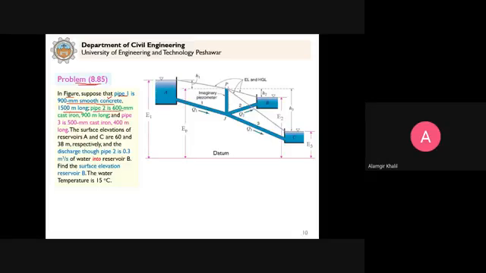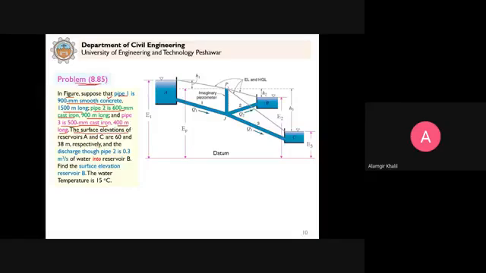Pipe 2 is 600 millimeter cast iron. Clear? And it is 900 meter long. Pipe 3 is 500 millimeter cast iron and 400 meter long. So the lengths, diameters and the pipe material are given for the 3 pipes.